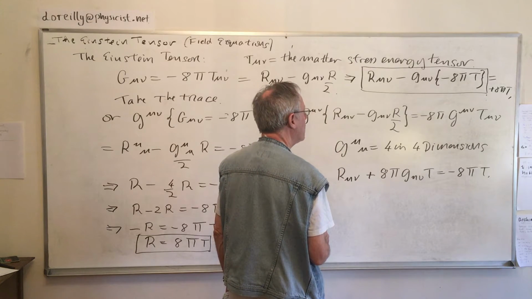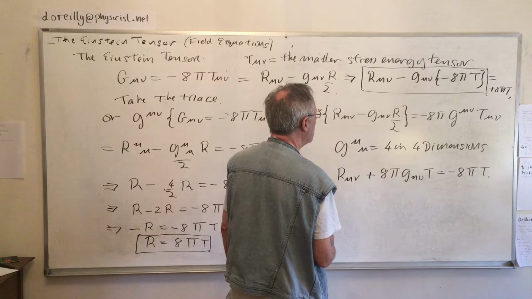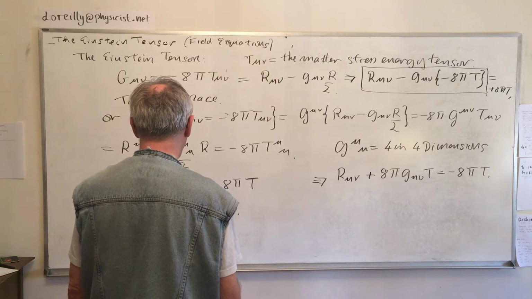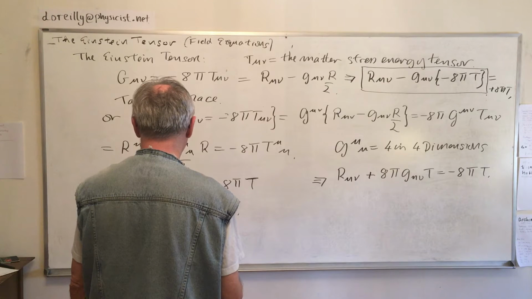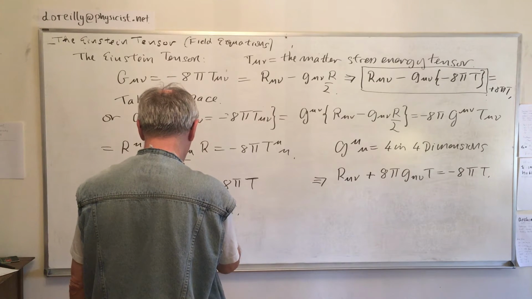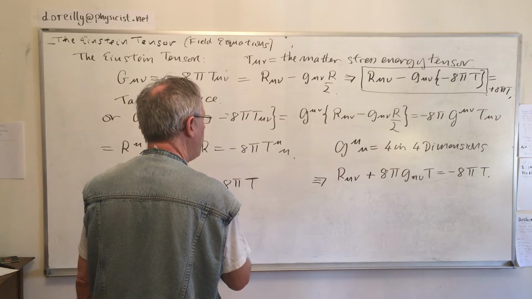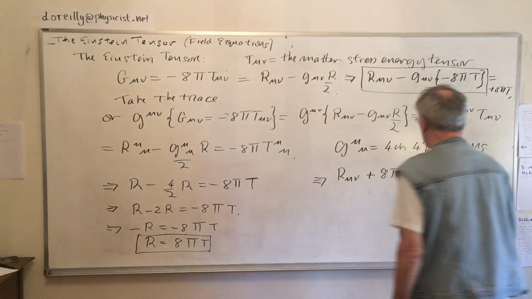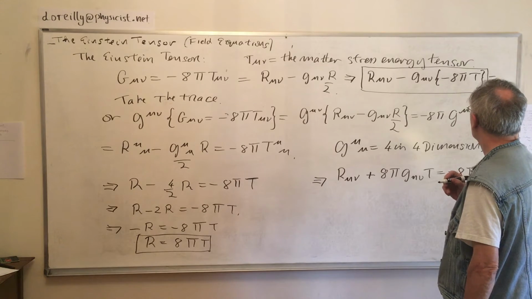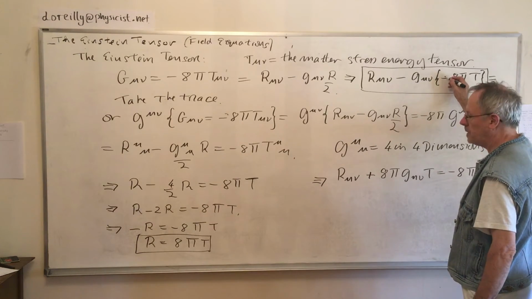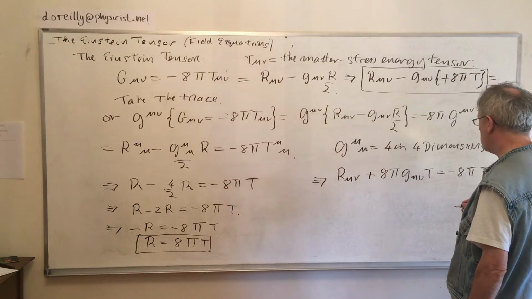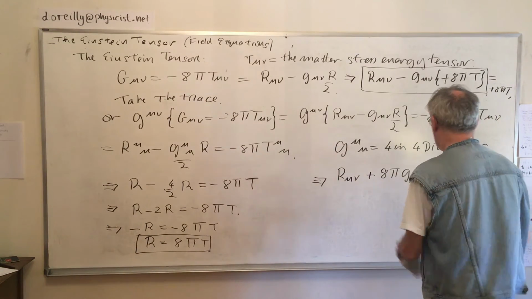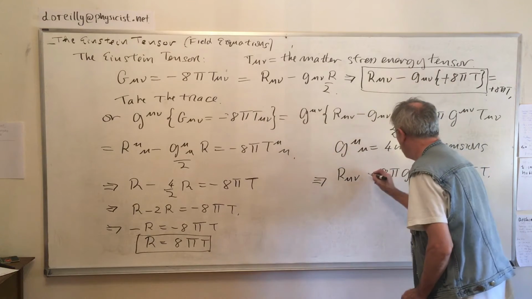And that could be out by a minus sign. Where did I put in this minus sign? Okay, this is positive here, sorry. So that's just going to be minus positive 8 pi T, negative, negative.